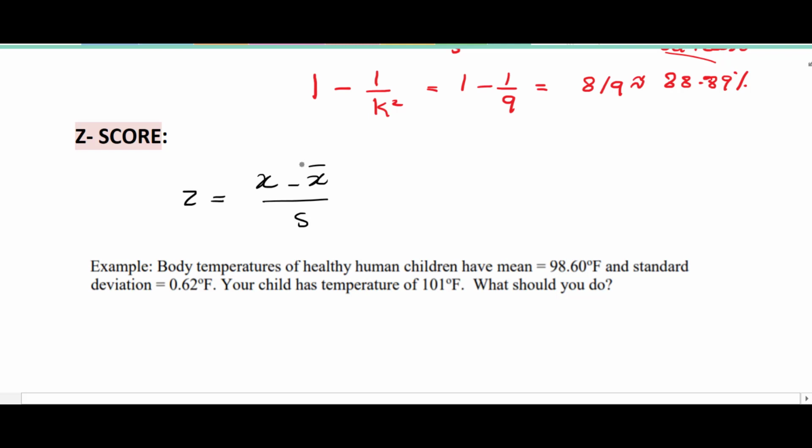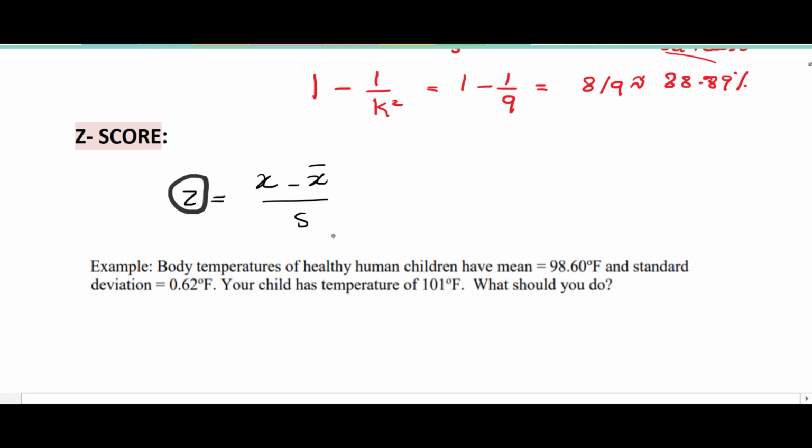What this helps you know is the relative standing of your observation to the average. So is it normal or is it an outlier? Where does your observation stand? So x is your observation, x bar is the sample average, and s is the sample standard deviation. Given this really simple formula, it's easy to memorize, and you can just apply it to know whether an observation is an outlier or not.